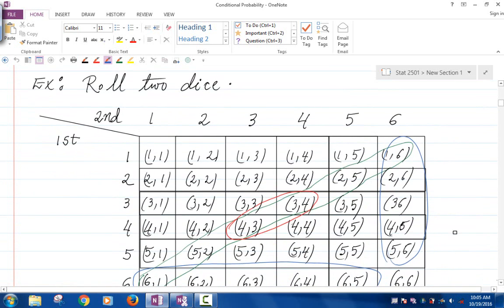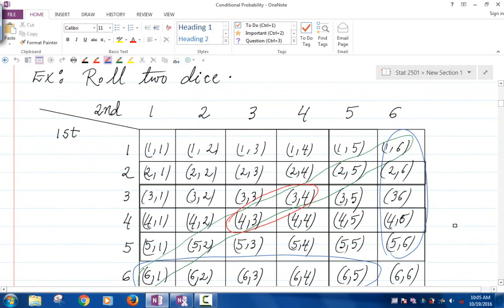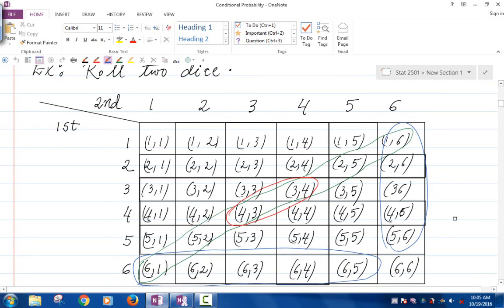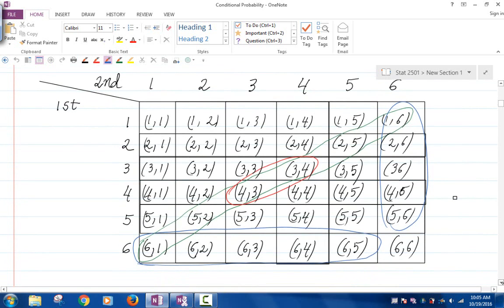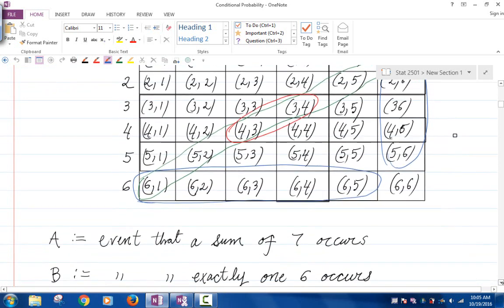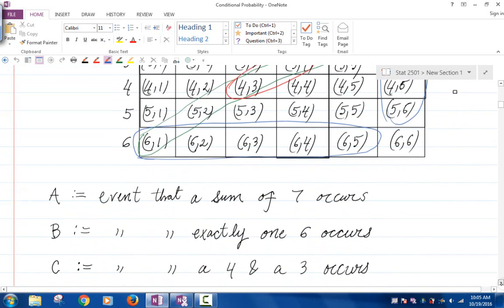Let's roll 2 dice. And then we know that there are 36 possible outcomes, which are given in this table. And you guys have this table in your notes from before. So here I'm going to define a couple of events.